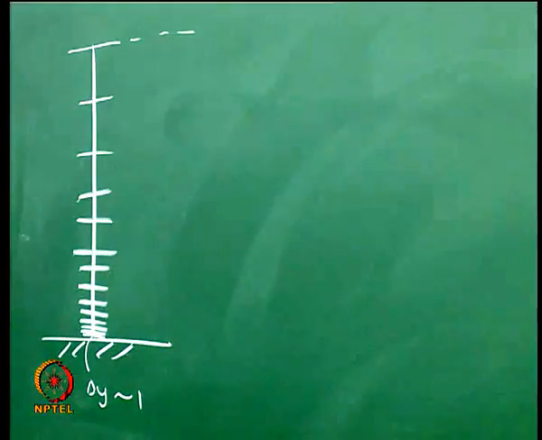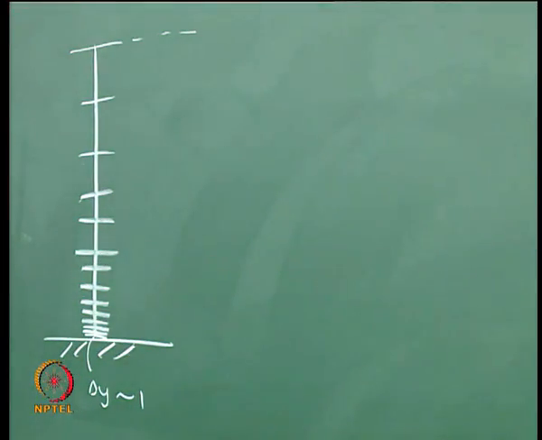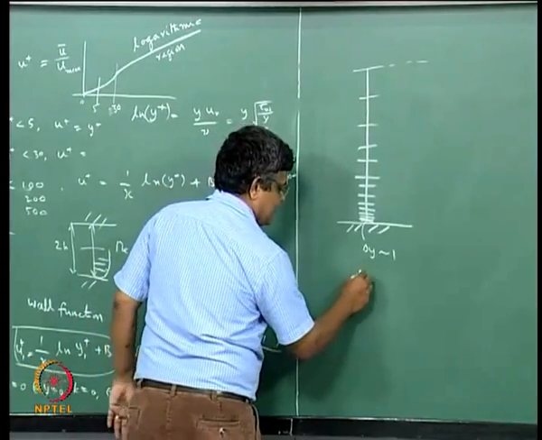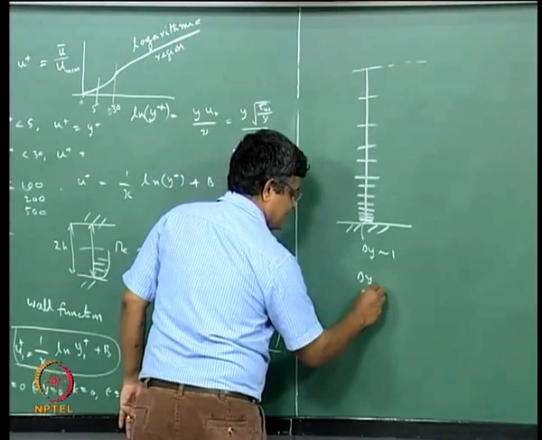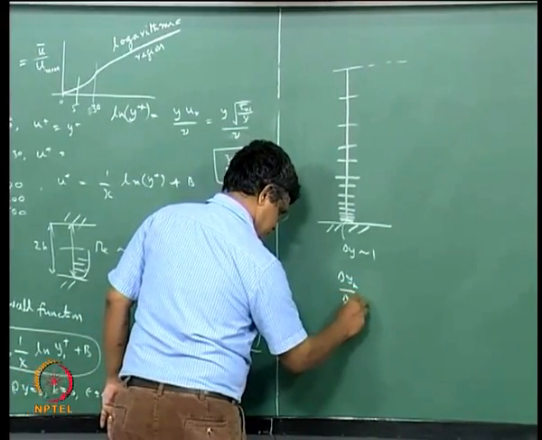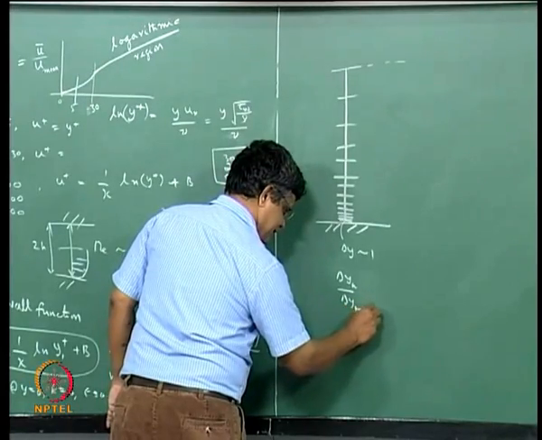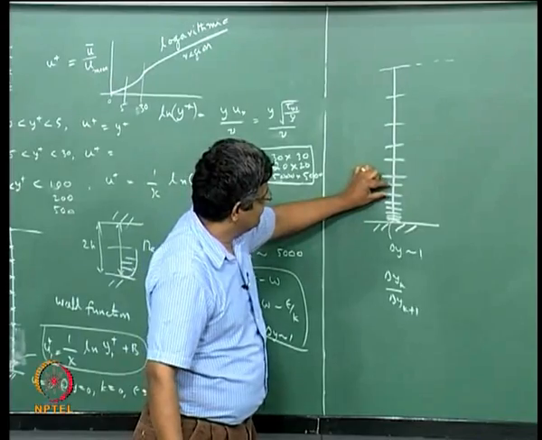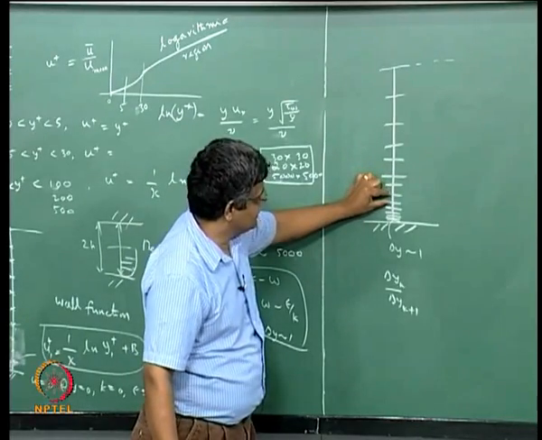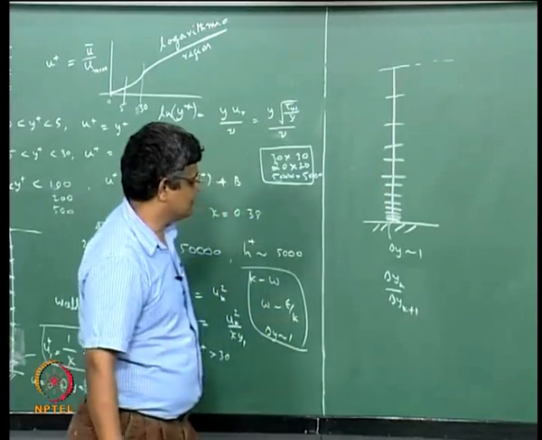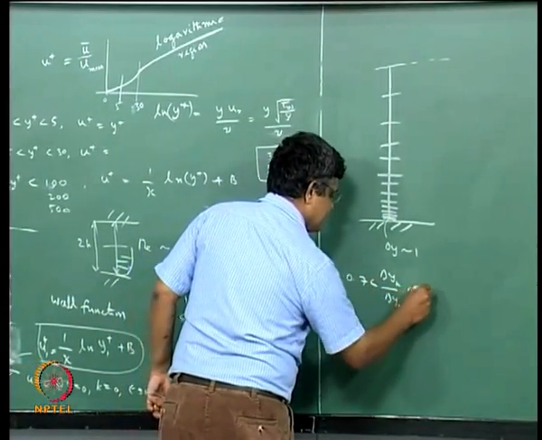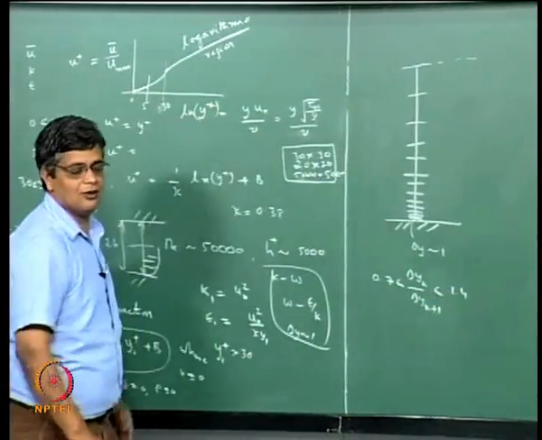And in order not to bring in numerical inaccuracies associated with a non-uniform grid, you would like delta y k divided by delta y k plus 1, that is this delta y divided by this delta y, for successive values to lie between 0.7 and roughly 1.4.